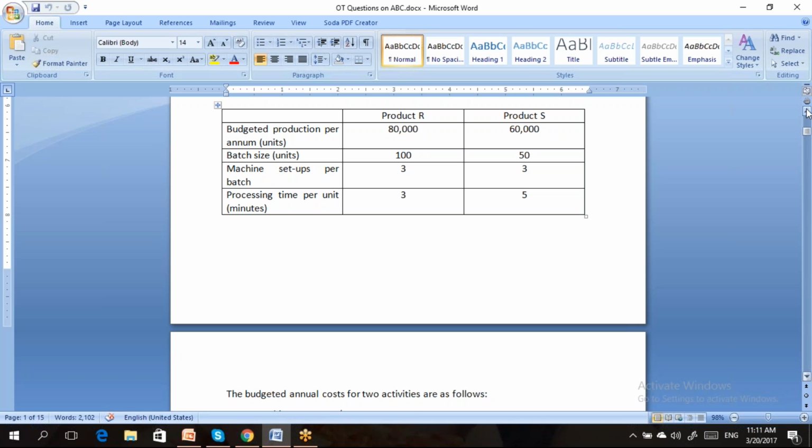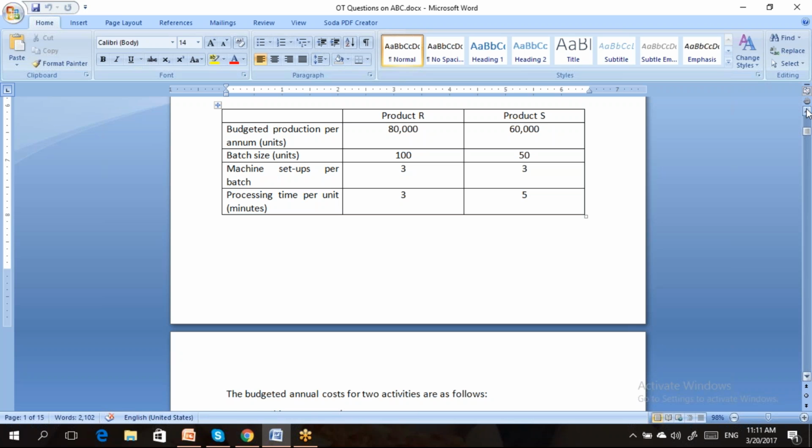So R will take 800 into 3, S will take 1,200 into 3, correct? So what is the total number of setups? 2,000 into 3, 6,000. So that 180,000 cost is incurred for 6,000 setups.